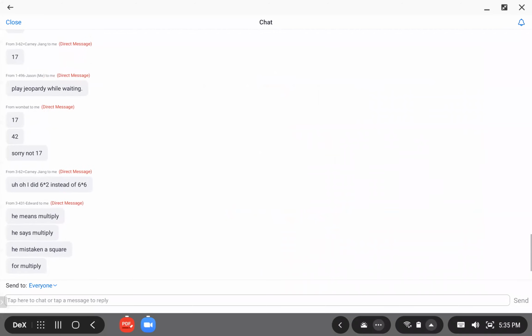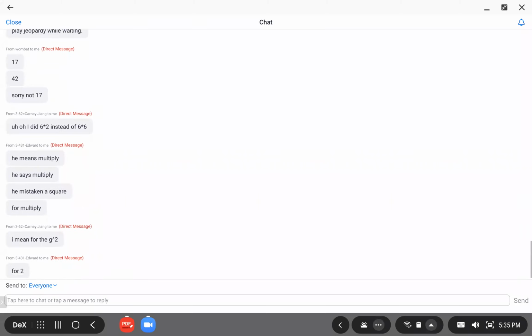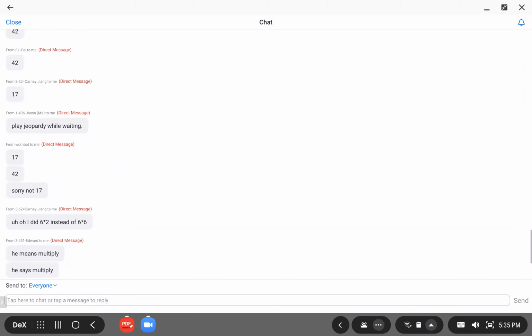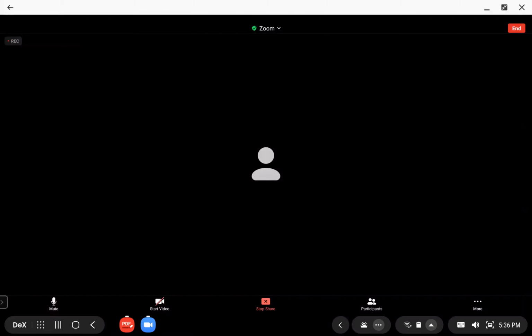And 6 times 6 is going to be 36. Oh, to the second power, that's still 36. An even number to the second power is of course going to be even, so it's not 17. Use common sense, people.